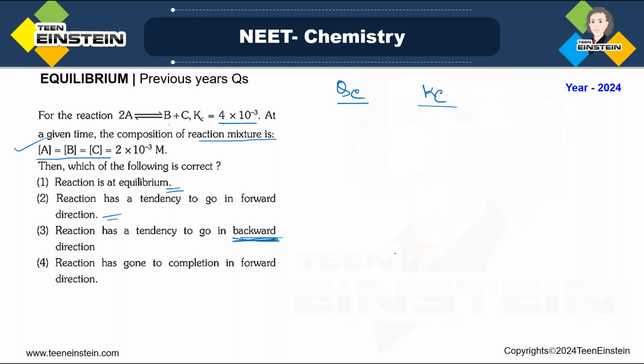And if Qc is equal to Kc, then it has already reached equilibrium. So that is Qc we have to find.